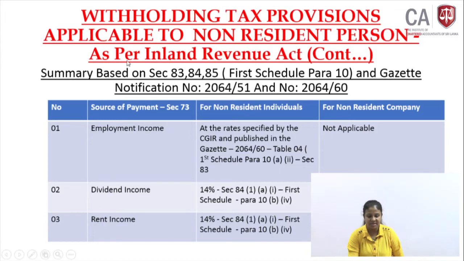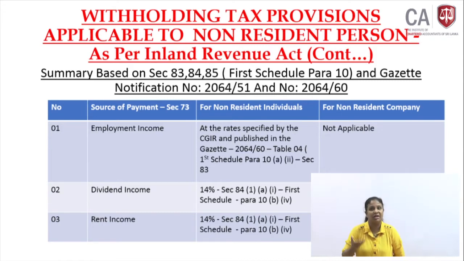The summary is based on sections 83, 84 and 85, where the tax rates are mentioned. All of you know it's in the first schedule. Then I have provided the para reference, it's in para 10, and when it comes to these tax rates, there are two gazette notifications. One is under section 83, issued for employment income. It's not only for non-residents or non-citizens, it's applicable for all.